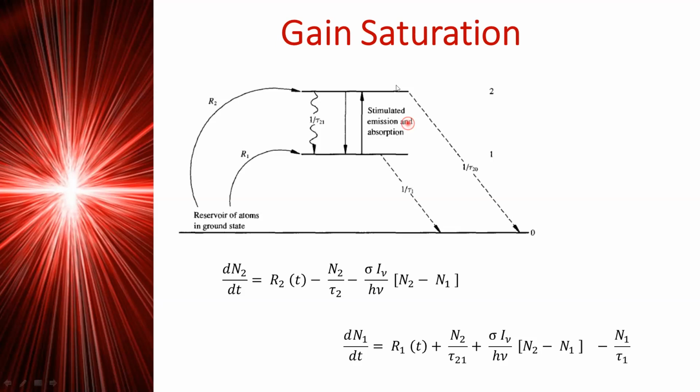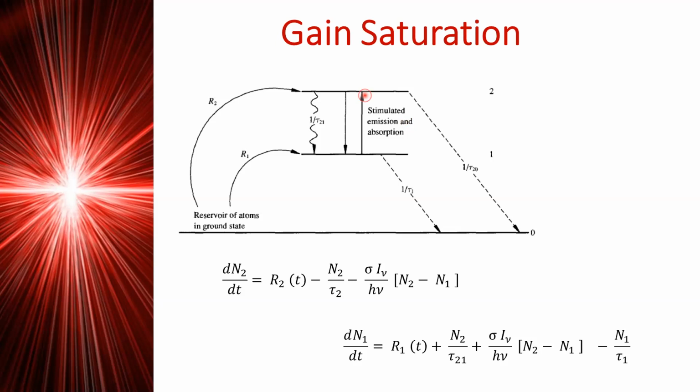So when tau 2 is big, a large number, that means consequently that electron will stay a huge amount of time in this energy level. When tau is a small number, that means that electron will not stay too long in this energy level.